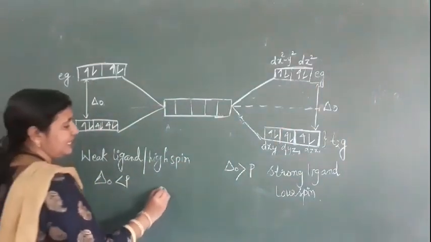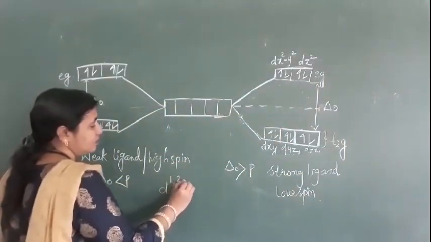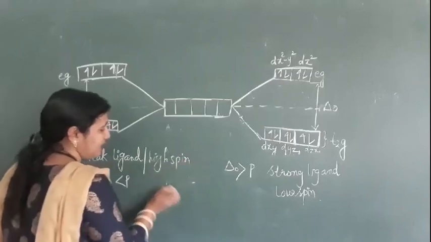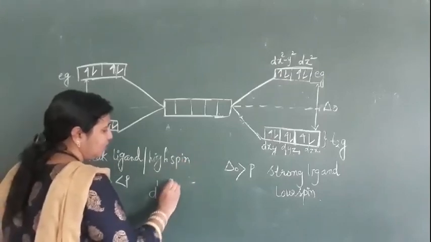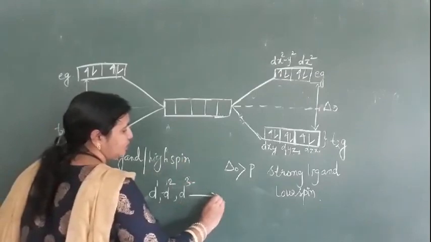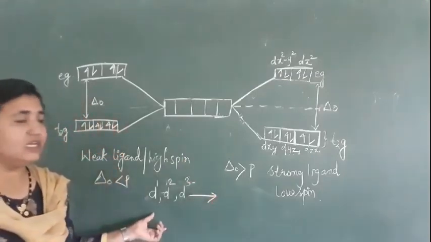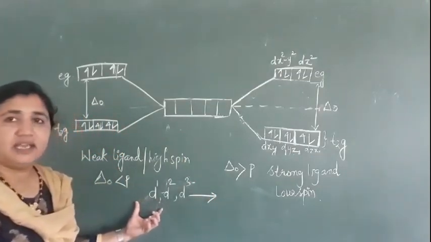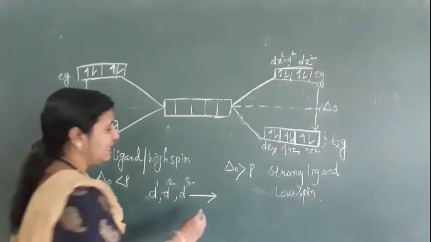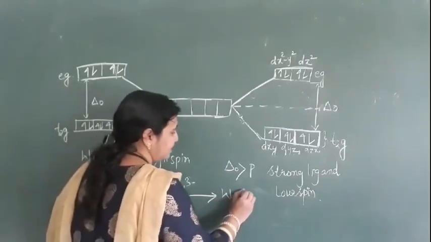So we can say here D1, D2, D3. For strong and weak field ligand, the filling of electrons is the same for D1, D2, D3. It will be the same for both weak and strong field ligand.